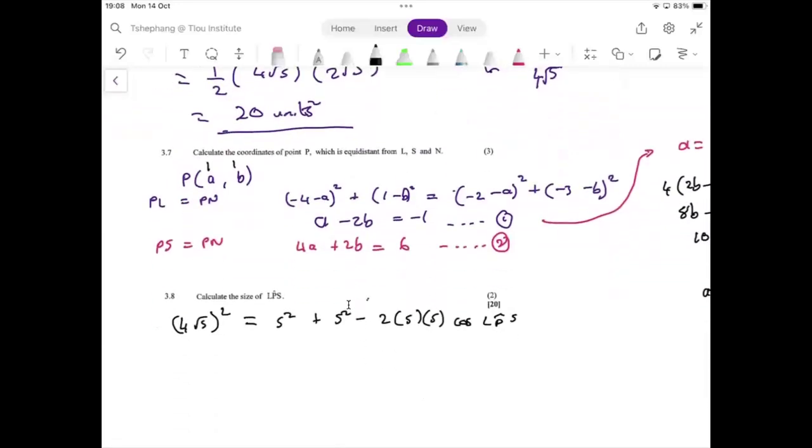Now, 20 cos LPS must be equal to, do it this way. Because LPS must be equal to, just going to skip steps, negative 3/5. Then calculator work.